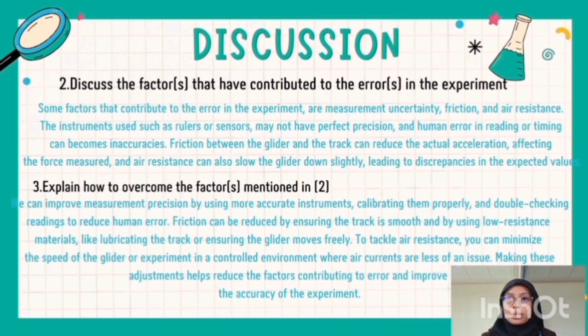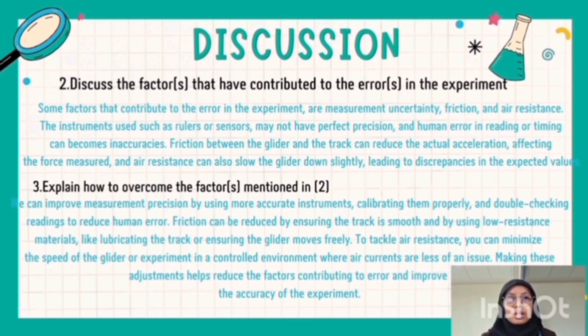Friction between the glider and the track can reduce the actual acceleration, affecting the force measured, and air resistance can also slow the glider down slightly, leading to discrepancies in the expected value.